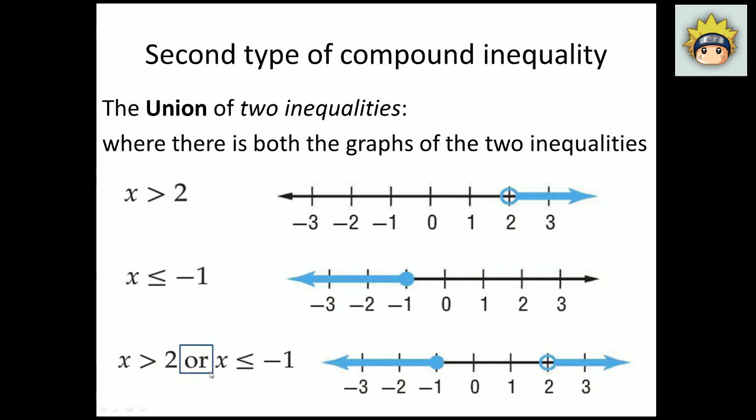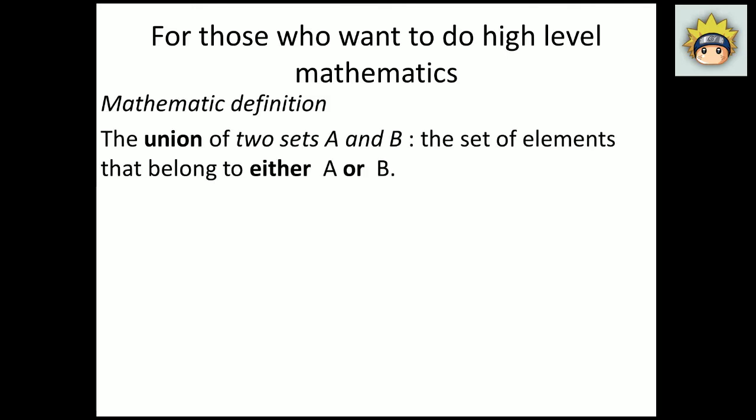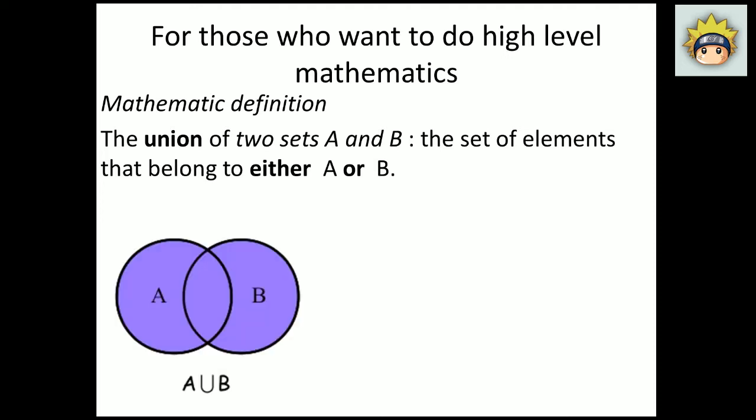The key part of the union is seeing the word or. When you see the word or, that should tell you that it is a union between two inequalities. So for those who want to do higher mathematics, the more mathematical definition is: the union of two sets A and B is the set of elements that belong to either A or B. Okay, here's the visualization.